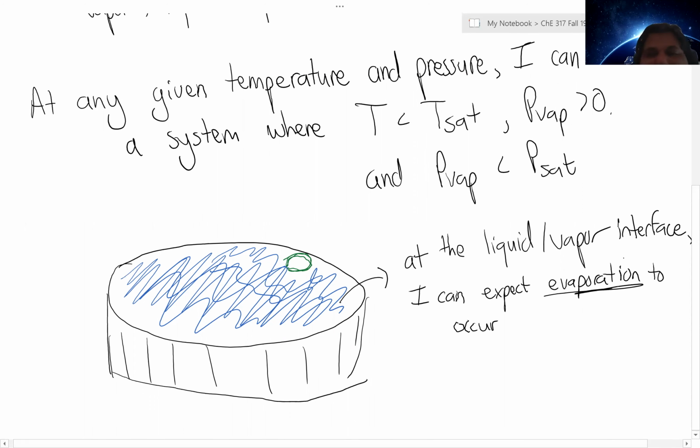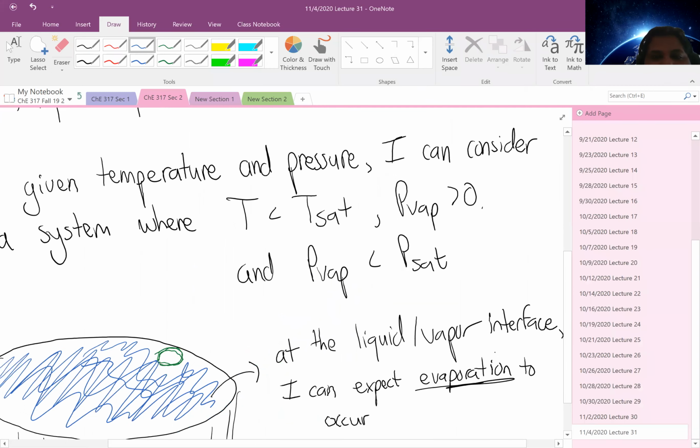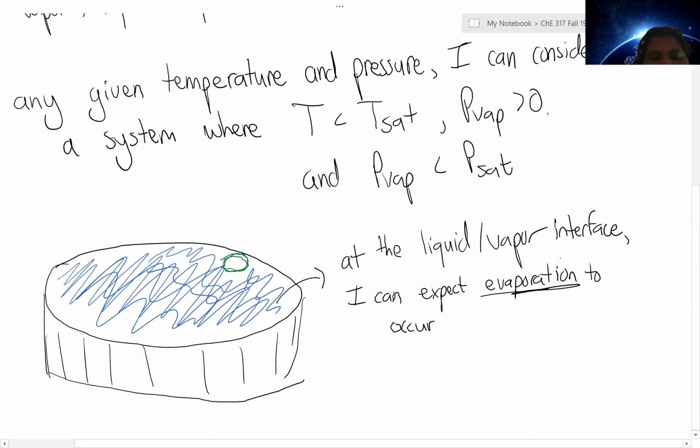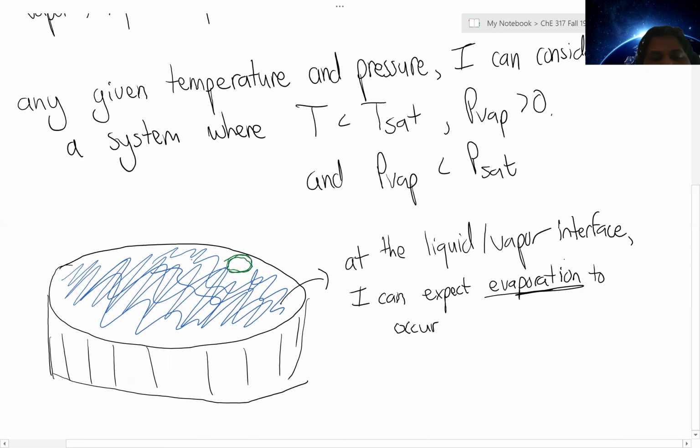That means that in an effort to achieve a true vapor liquid equilibrium, I'm going to be having some of the liquid water enter the air as water vapor, right? Because P vap is below P sat.